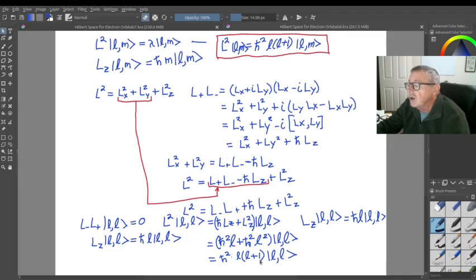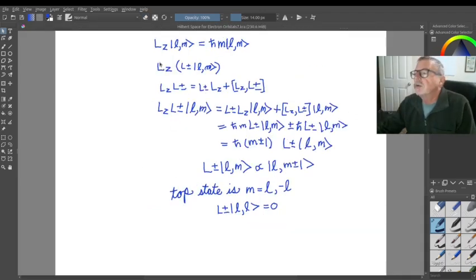Of course, you can comment if you don't understand something, but it's all there in blue and white and red. Finally, to round out all this information, Lz times the vector l,m, we already went over this one, is equal to that. Now L squared times that is something different. That's what we just played with.